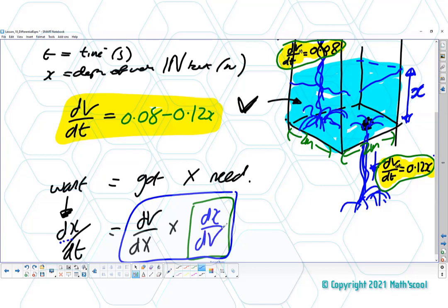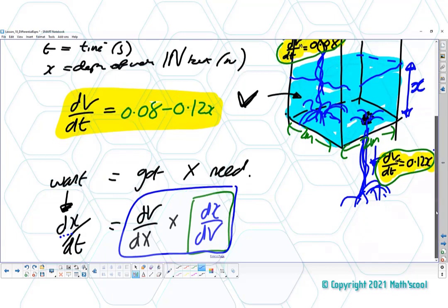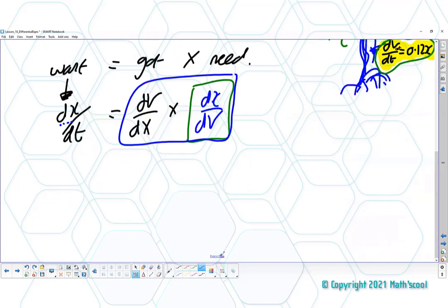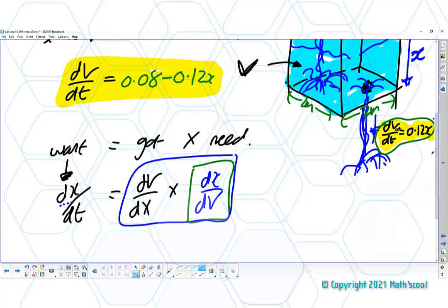Okay, now you can't just go around saying, I need dx by dV. Well, you can, and you do. But to find dx by dV, that's only possible if you know a rule, in other words, an equation connecting x and V.